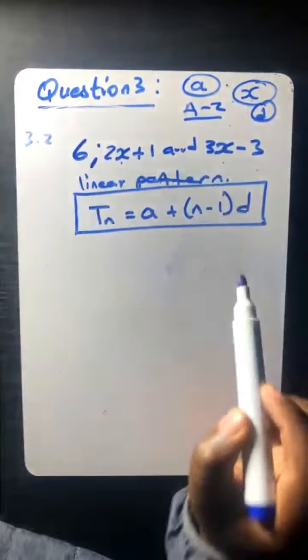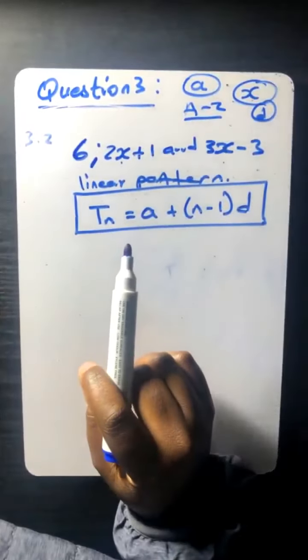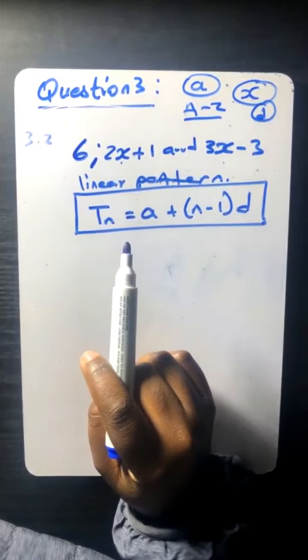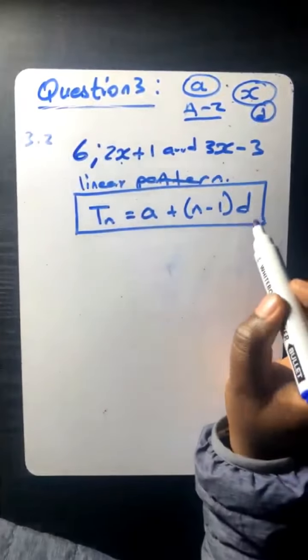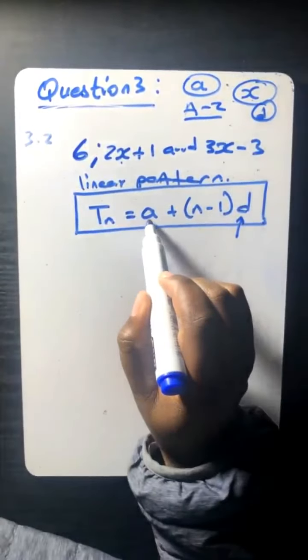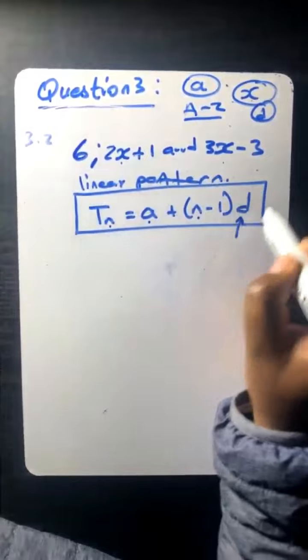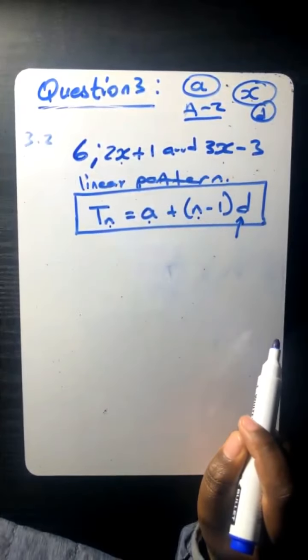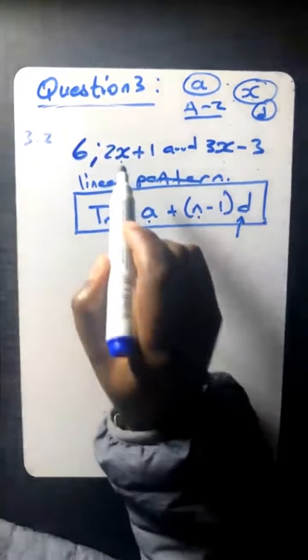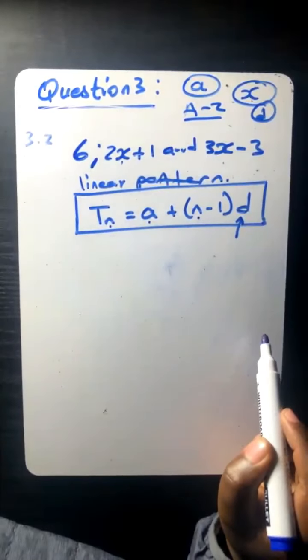So in this situation where you're given a pattern with a letter, they are most likely to want you to tell them the difference. Otherwise, solve for the unknown, which is a letter that could be A up to Z.